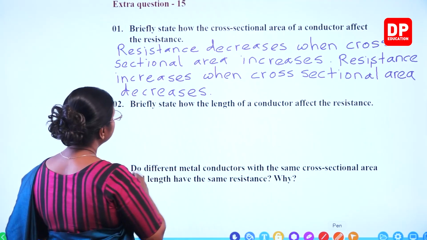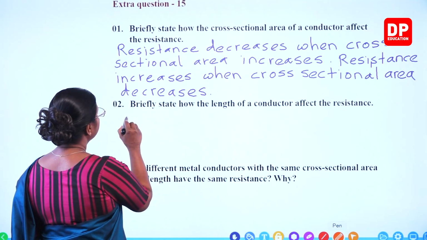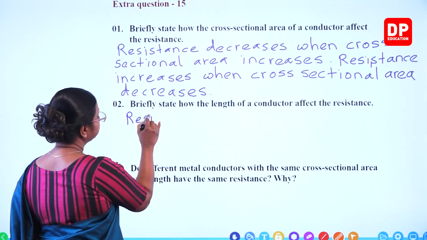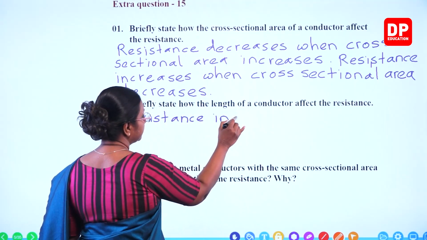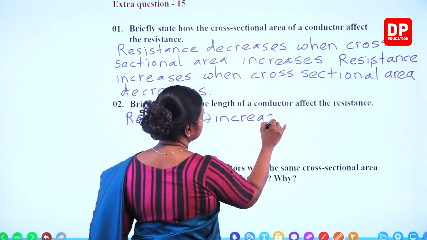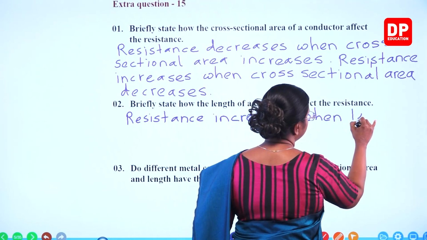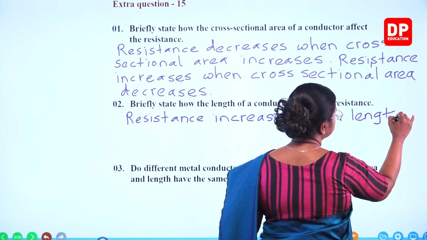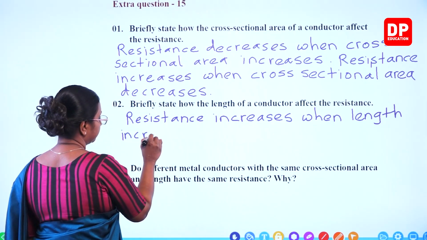So, here we can say: resistance increases when length increases.